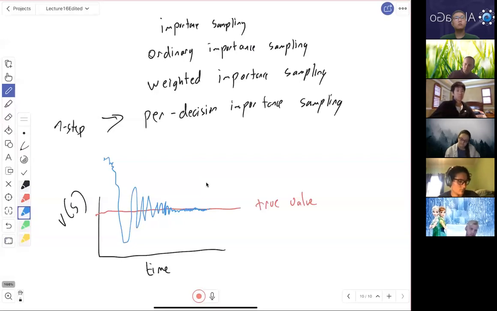Let's say this one's the tree backup, so we're going to have a chart that looks like that. And let's now look at the importance sampling.